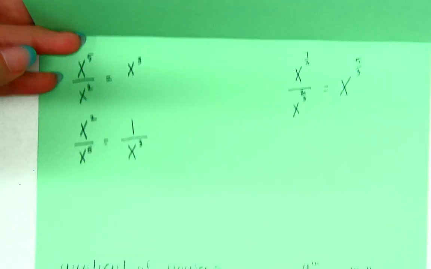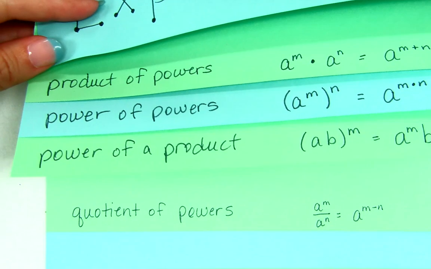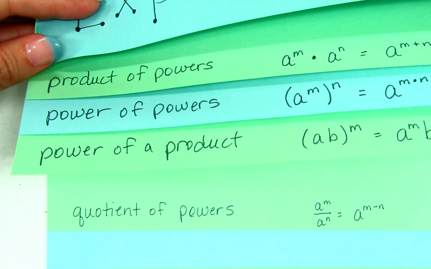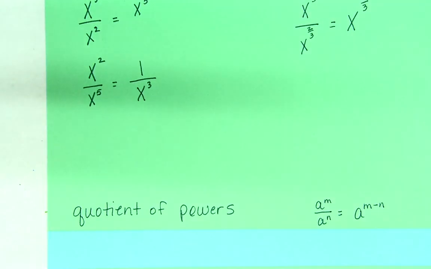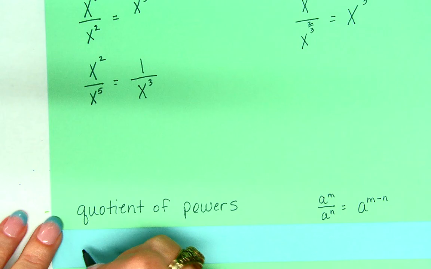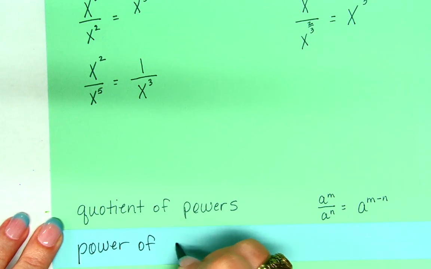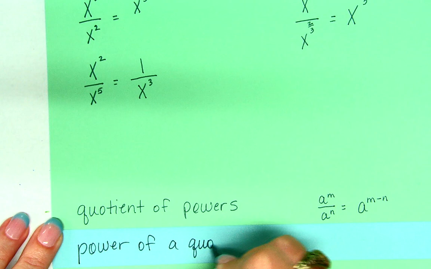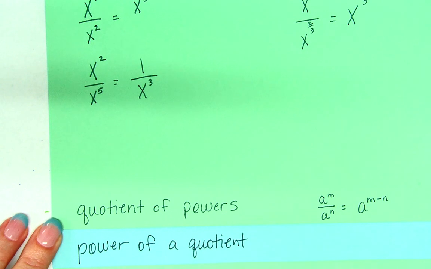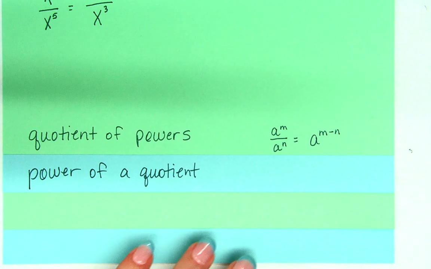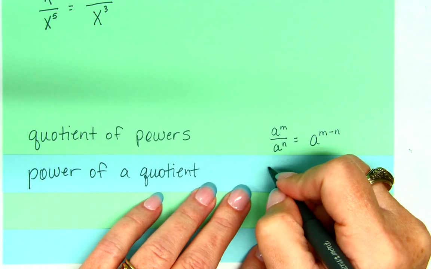Can you tell me what the next rule is called? Power of a quotient. Yes, power of a quotient. Very good. Power of a quotient is the next rule. And power of a quotient says what?